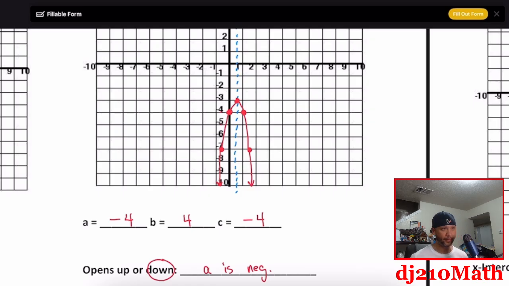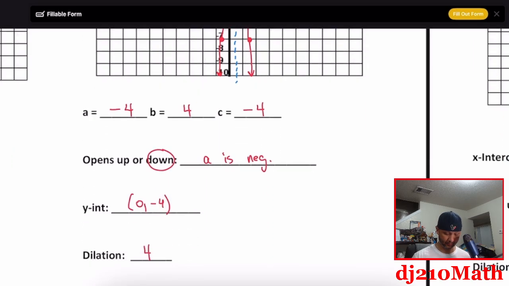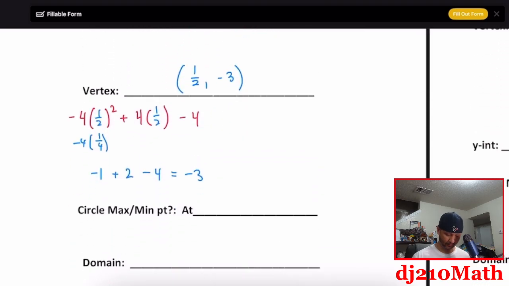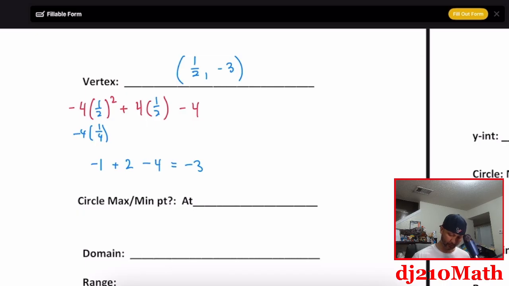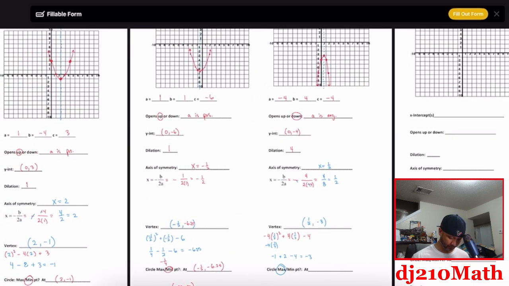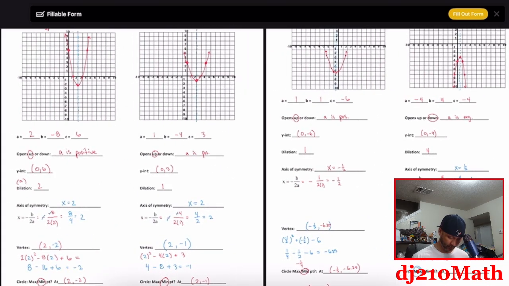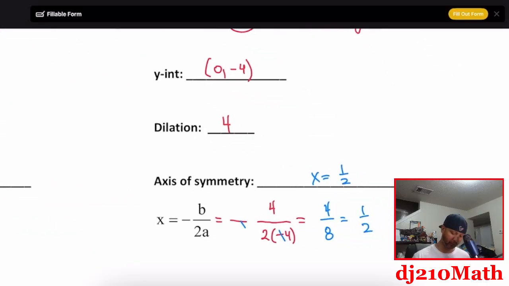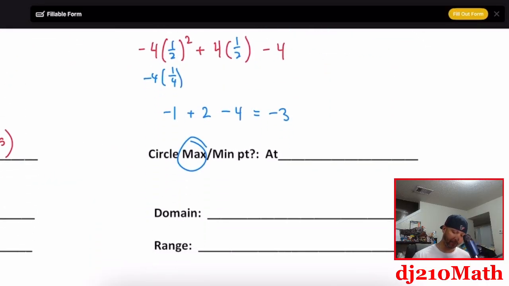All right. It has a maximum. Ooh, dude. I feel like this is our first one that opens down. Yeah, it is. Never mind. Confusing something else. All right. It opens down. So it has a max.